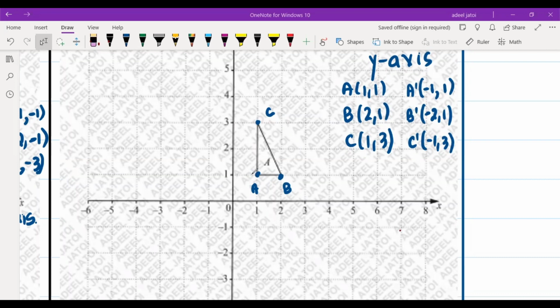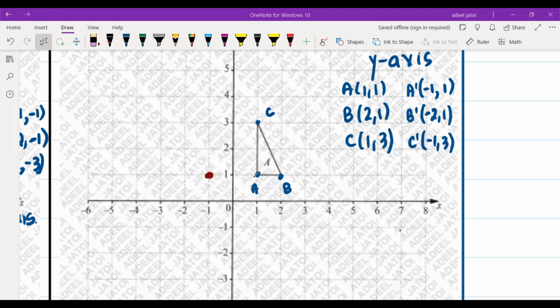Now let's say the distance of point A is 1. With respect to the y-axis, this distance will be on the opposite side of the y-axis. So if the distance is 1, then on the opposite side, the distance will still remain 1, because it is the reflection with respect to the y-axis.